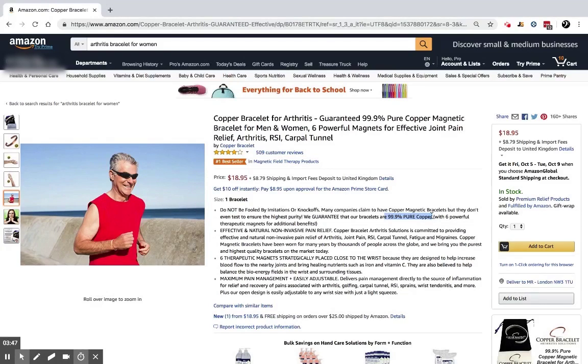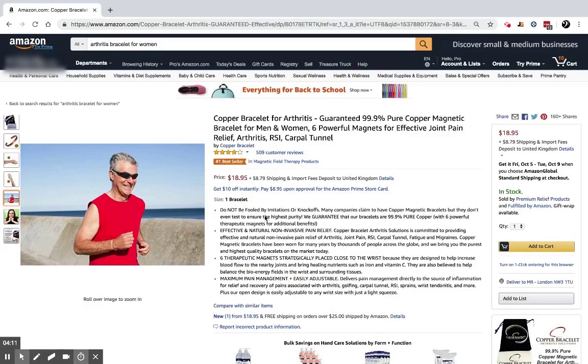So they have not used this well for keywords, or, in my opinion, made good use of the space. This one, copper bracelet arthritis solutions, is very clearly a keyword. Pain relief of arthritis might be another keyword. Copper magnetic braces, okay, so they're getting reasonable keyword density, but I think they could do better. Therapeutic magnets, maybe, maybe not actually a keyword.